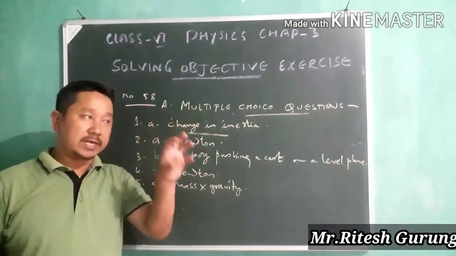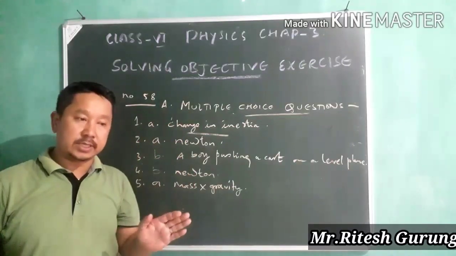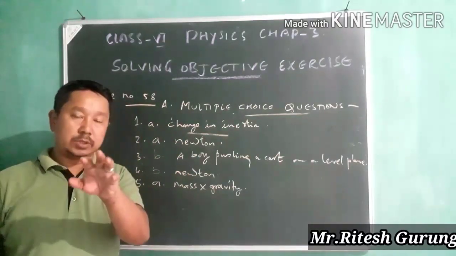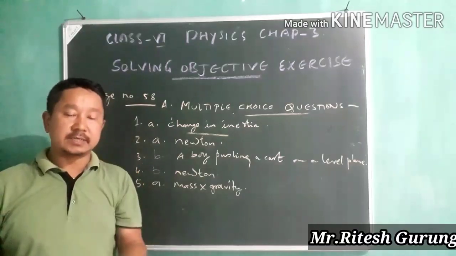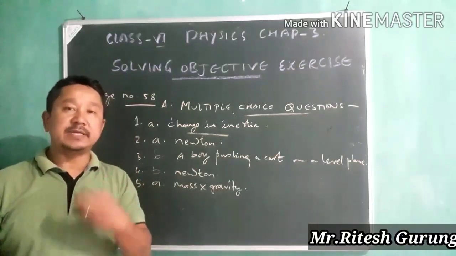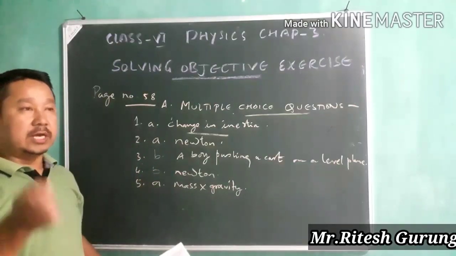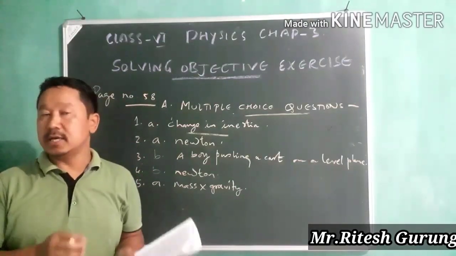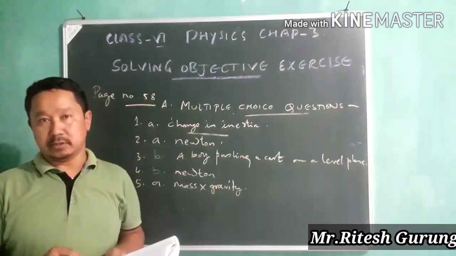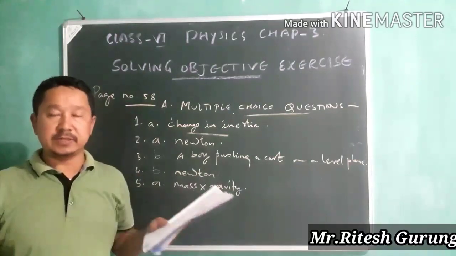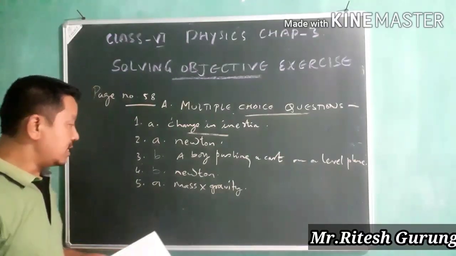That means the quantity of matter contained in a body into the force exerted by the gravity of the earth. That is actually weight. So mass and weight are not the same terms here. These are different things that you have to understand.